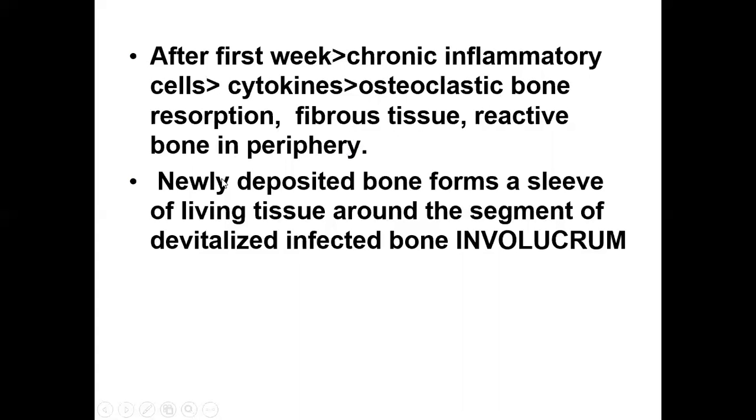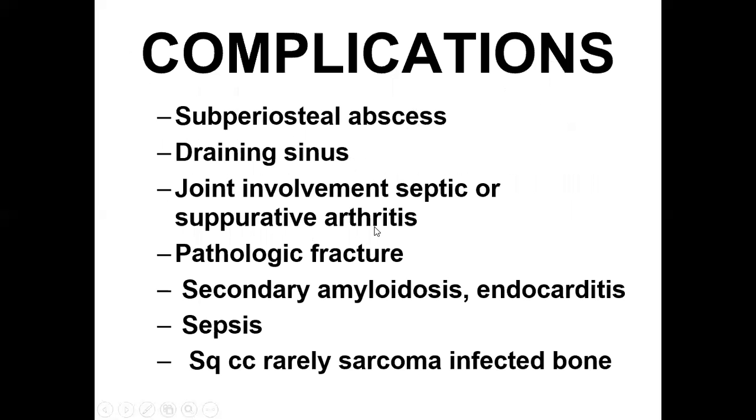And newly deposited bone forms a sleeve of living tissue around the segment of devitalized infected bone, and that is called involucrum. Involucrum is the newly deposited bone around the devitalized infected bone.